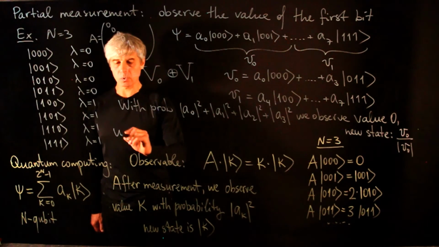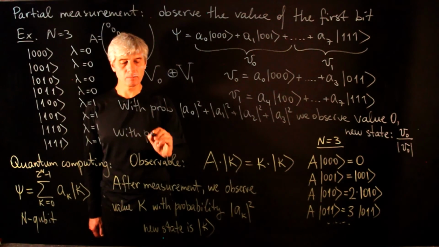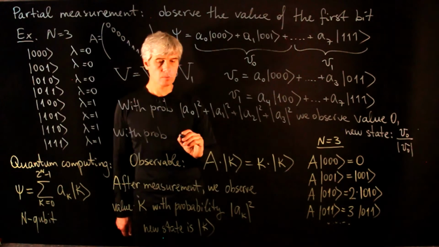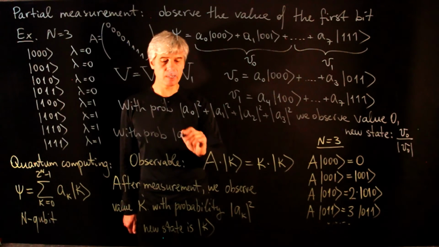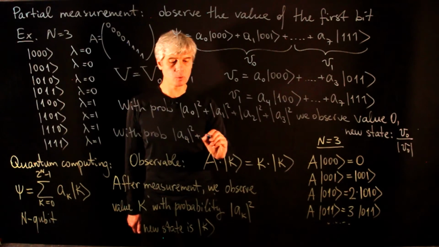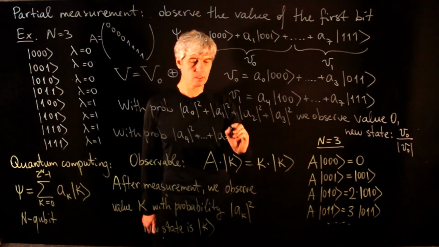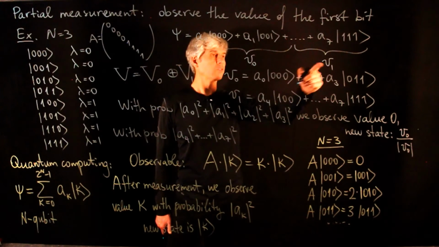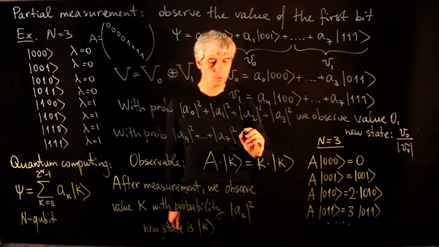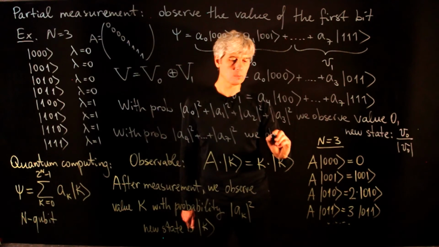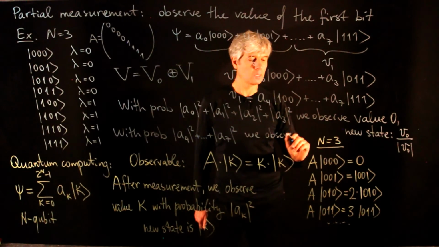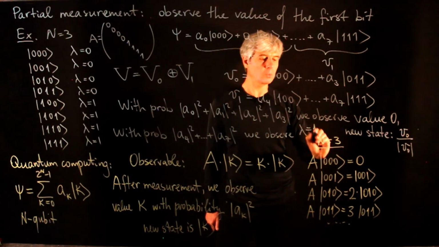And so with probability, which is the sum from A4 squared up to A7 squared, so this is the norm of V1 squared here, we observe value 1.